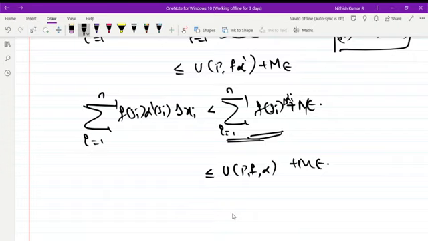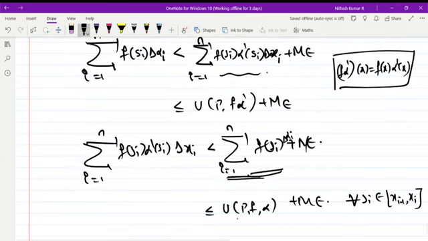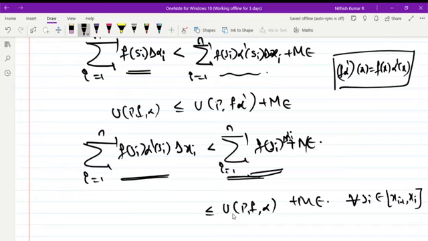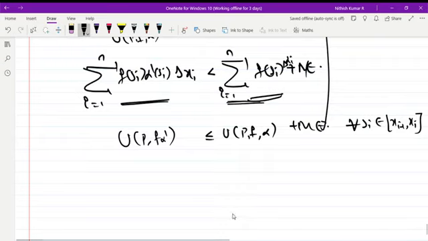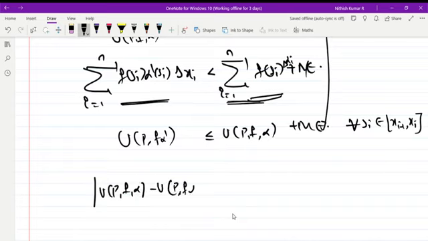It is true for all si belongs to [xi minus 1, xi]. Now observe, this one is with respect to U(P, f, alpha) and that one with respect to U(P, f alpha dash). So combining these two expressions, we get the modulus of U(P, f, alpha) minus U(P, f alpha dash) is less than or equal to M into epsilon.